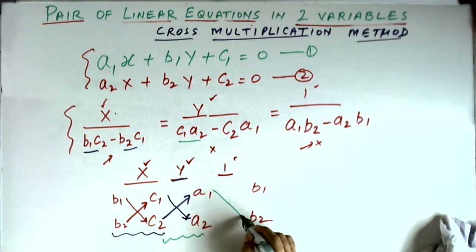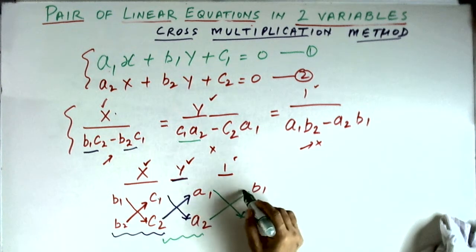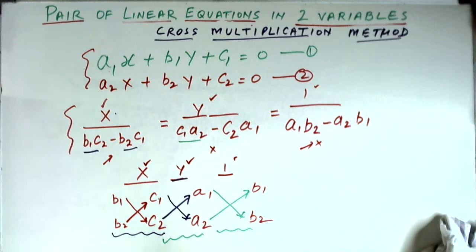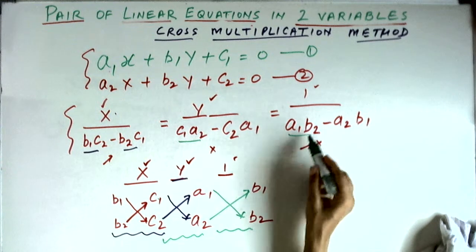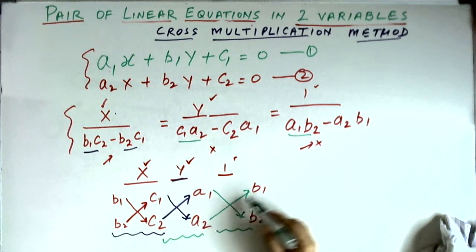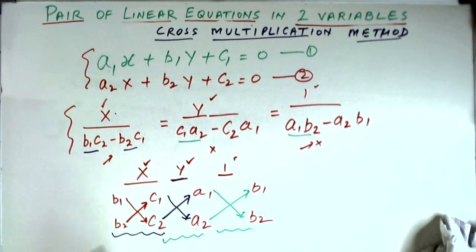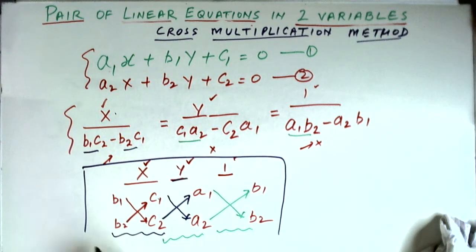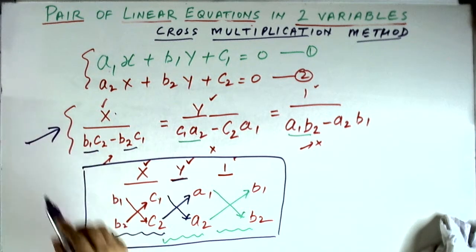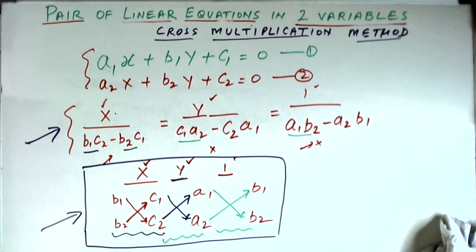And for under 1, a1 b2 minus a2 b1. So this is why it is called cross multiplication. This is the formula, and this is the way we can remember it.